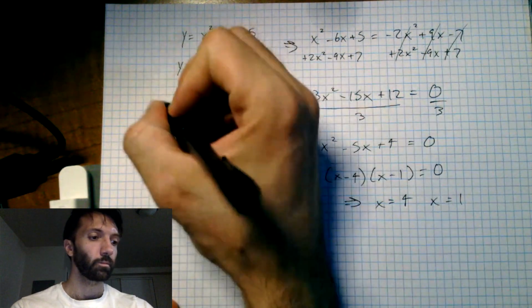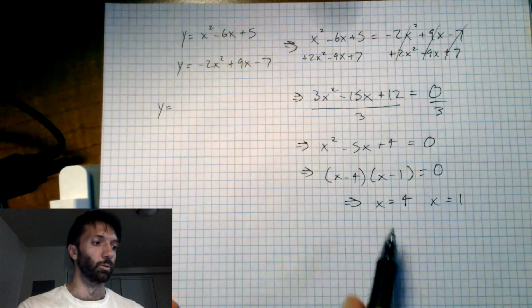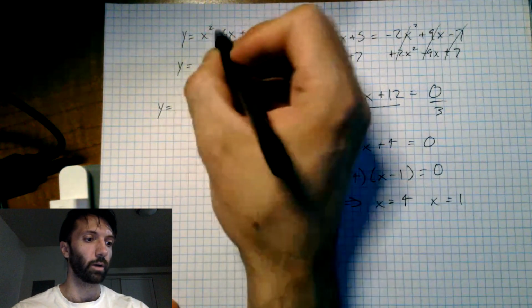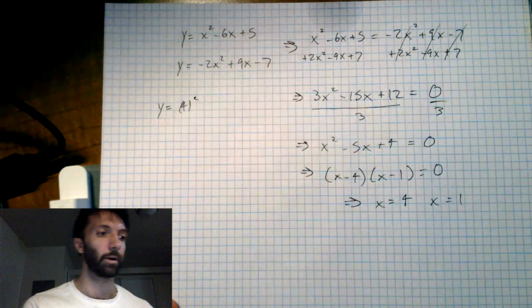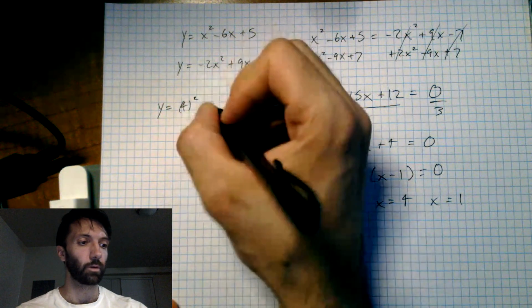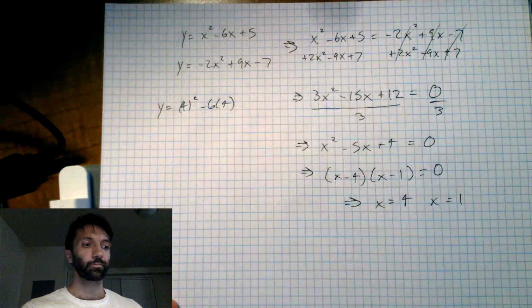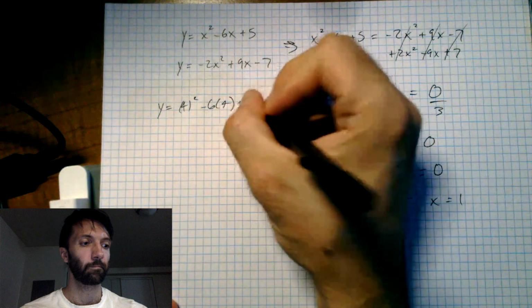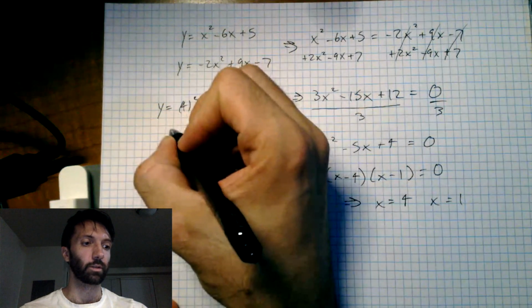So I'm going to do 4 squared, right, x squared, so 4 squared minus 6 times x, that's minus 6 times 4, plus 5. And then we're just going to simplify this down.